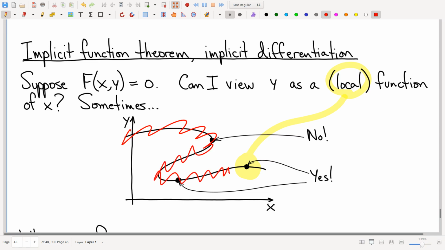And so I'm going to ignore all of that, and I'm going to ignore everything that maybe would come on the other side. I'm going to look just exclusively at that little piece of curve alone. And looking only at that little piece of curve, can I view y as a function of x? Now, in this case, yes, I can, because look, it passes the vertical line test, no problem.